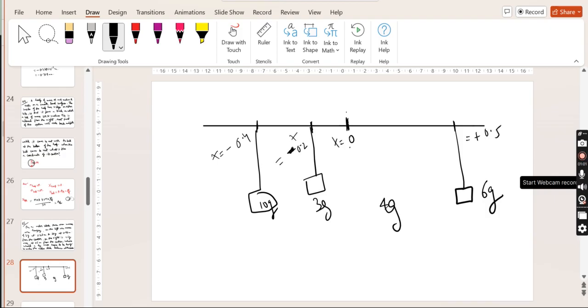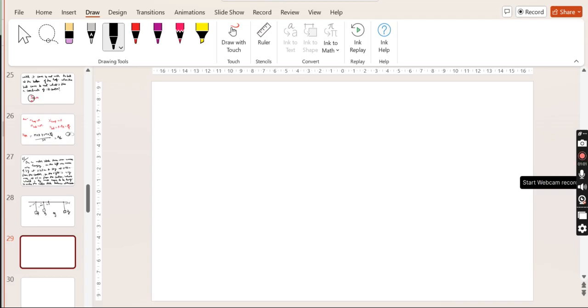From intuition, we can see there are 13 gram on one side of the meter stick, and 6 gram on the other side, and we have to put another 4 gram somewhere. So our intuition says it will be here, not there. But let us see via calculation.